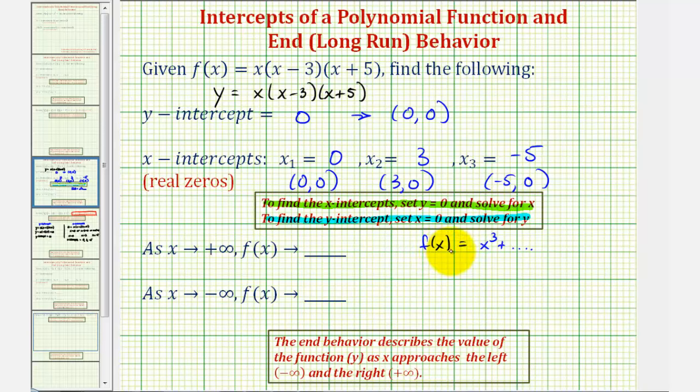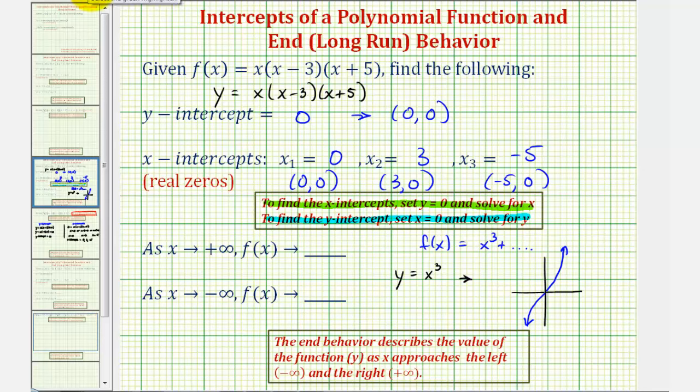So for our function, f of x has a leading term of x cubed, followed by several other terms. We should be able to determine the end behavior by knowing what the graph of the basic function, y equals x cubed, looks like. The graph wouldn't be the same as our function, but the end behavior would be the same. So if we recognize that y equals x cubed looks something like this, we could use this function to determine our end behavior.